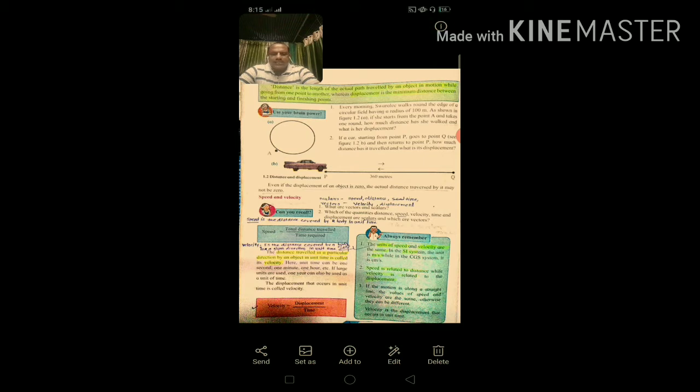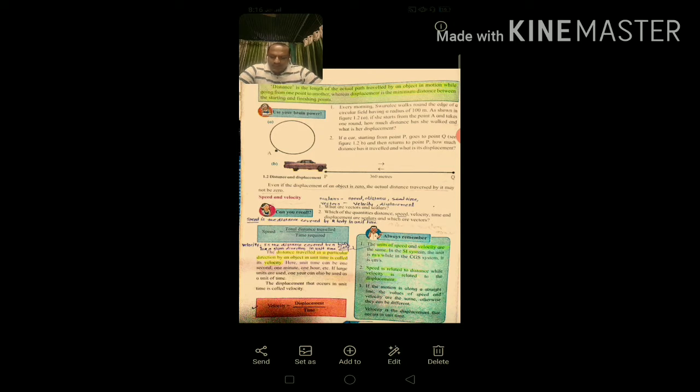Velocity is the distance covered by a body in a given direction in unit time. The unit time can be 1 second, 1 minute, 1 hour. If large, units such as 1 year can also be used as a unit of time.